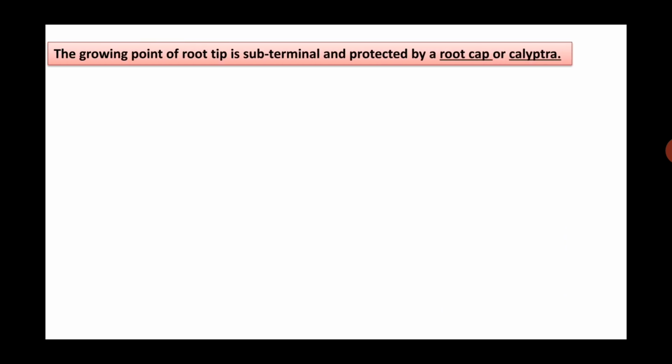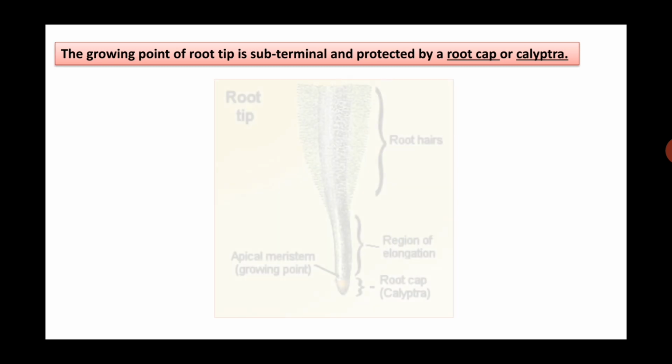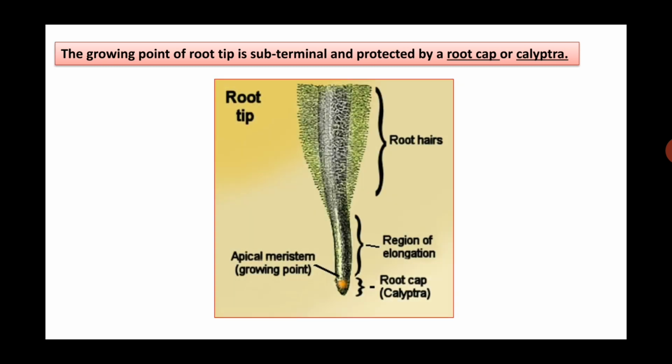Then the growing point of root tip is subterminal and protected by root cap, which is also called calyptra. So here you can see root cap or calyptra.